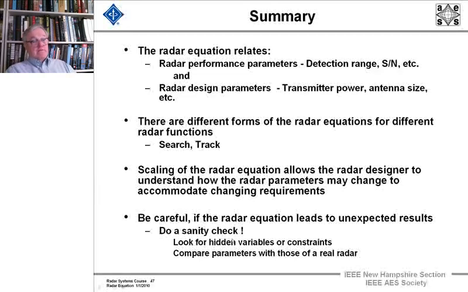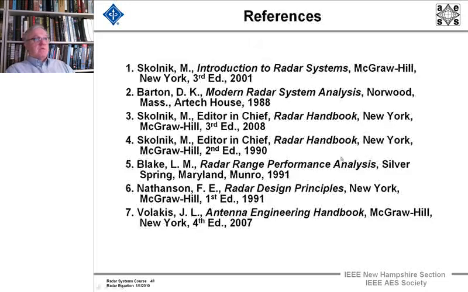I really advise the use of a spreadsheet. You check it out once, then you don't have to worry about your algebra, because we can all make mistakes by hitting the wrong button on a keypad or whatever. And compare the parameters you get with a real radar that has about the same size and characteristics, same power and aperture. It ought to be able to do the same thing.